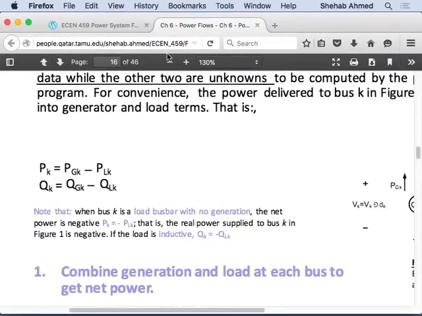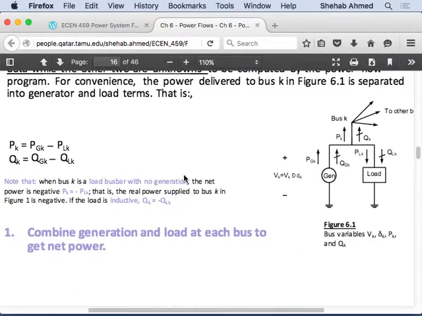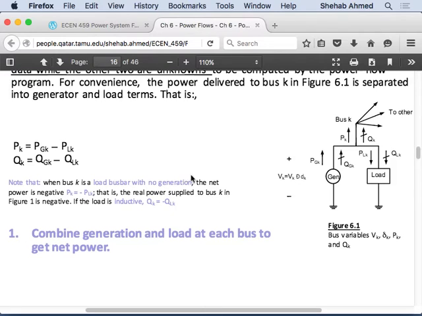I went around every bus in my system, and I looked at the sum of powers coming in and sum of powers coming out of the bus. So generating power is coming into the bus, meaning it's positive. Load powers are coming out of the bus, or they're negative. So at every bus, I know my P_k and Q_k, right? That's what I have at every bus.